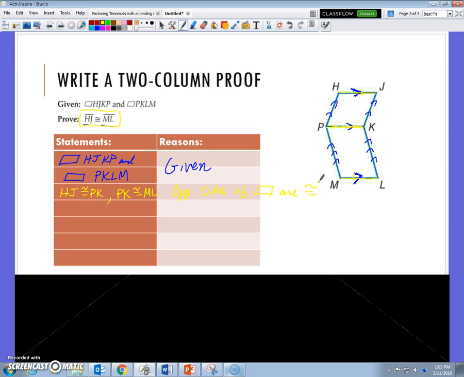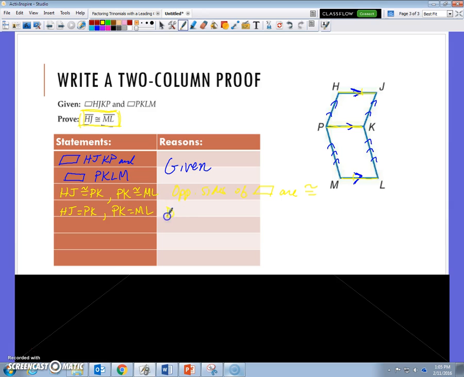But this is good because if I'm trying to shoot for HJ is congruent to ML, what I really need to do is say, well, this is kind of like one of those little ticky-tack things in your proof. We know congruent means the same thing as equal, so I'm going to say HJ equals PK and PK equals ML.